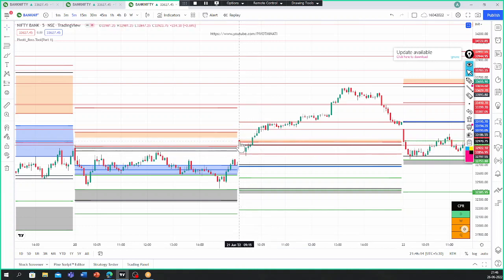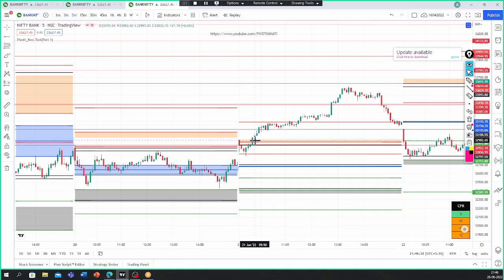It opened gap up but didn't close above the PDH. Whenever there is a gap up and it is not breaking the high in the first candle, you wait for the breakout to happen on the upside. You wait for the important resistance level to break out and then plan your trade.